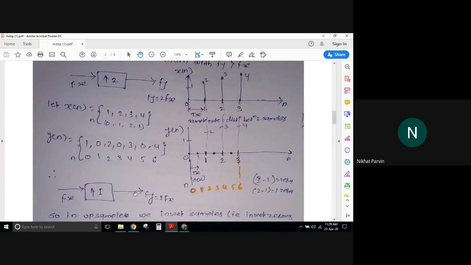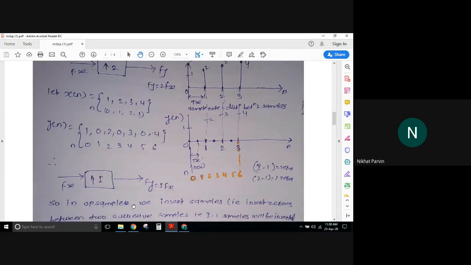The output y of n is sampled at a rate fy equals 1 by Ty, which here I said is twice fx, because I have upsampled by 2. Now here I have upsampled by I. That's why my fy is I times fx. That means your fy is greater than fx by a factor of I.